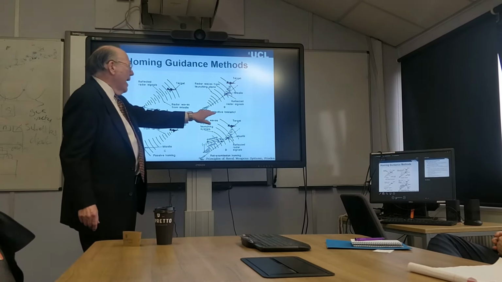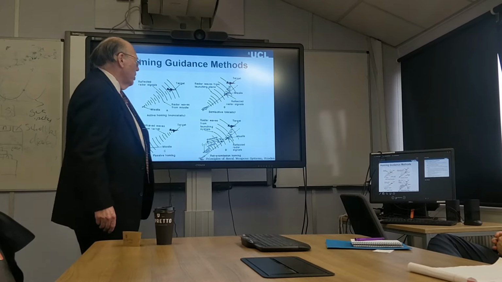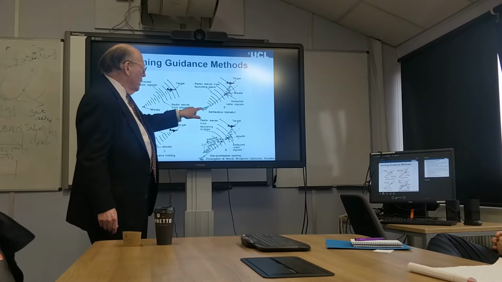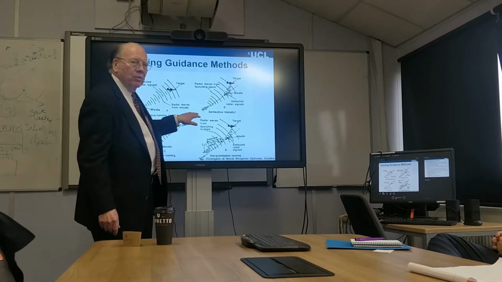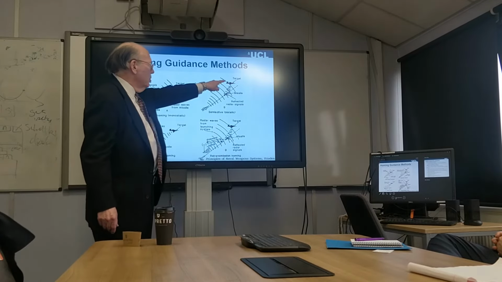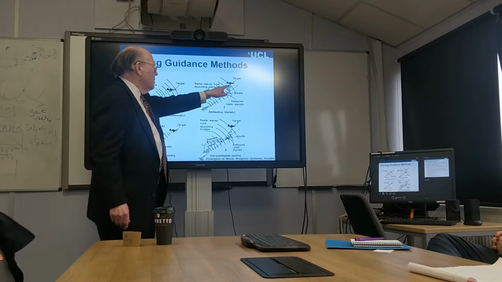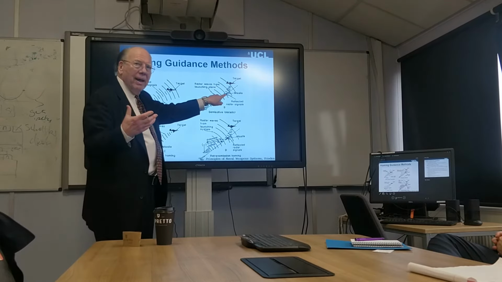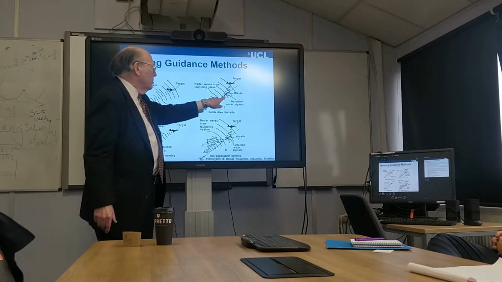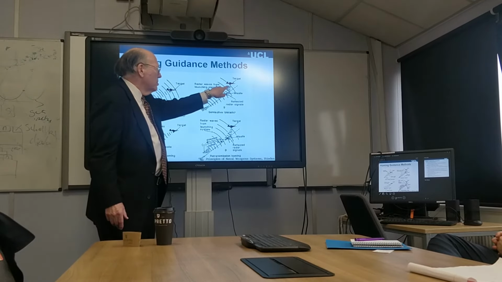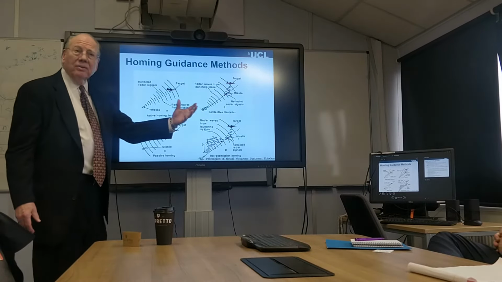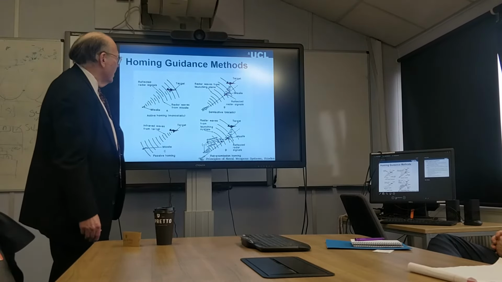Then we have semi-active, which is a bistatic approach, and in that case, we have an illuminator, which can be another aircraft or it could be a ground-based radar that's illuminating the target, and then the scatter from the target comes back to the missile. The missile has a passive seeker that locks onto that reflected signal from the target, and then homes in on the target that way.